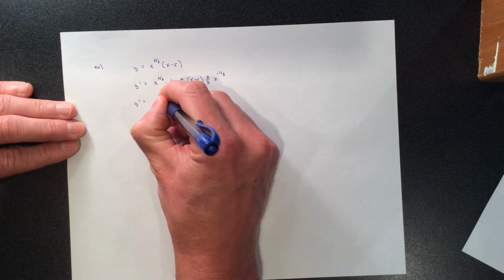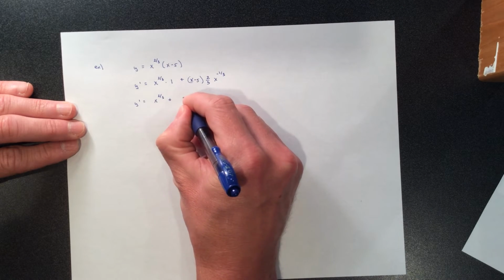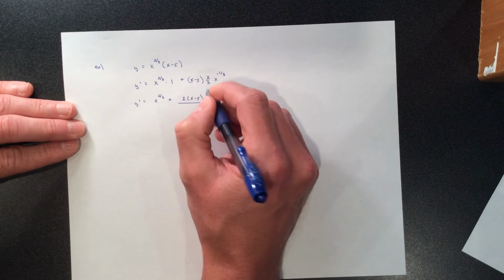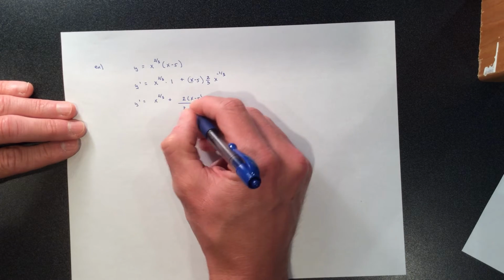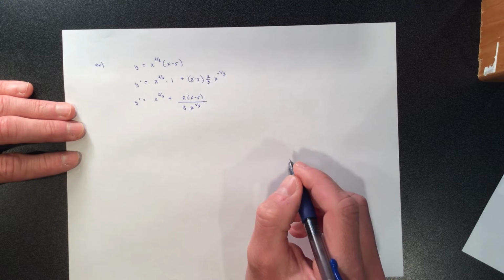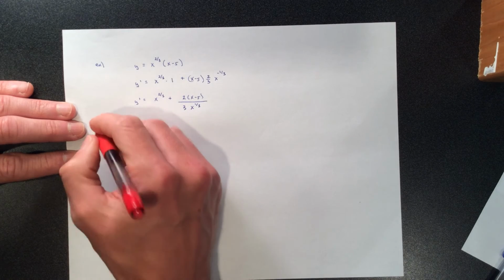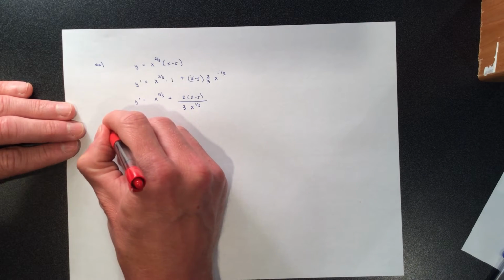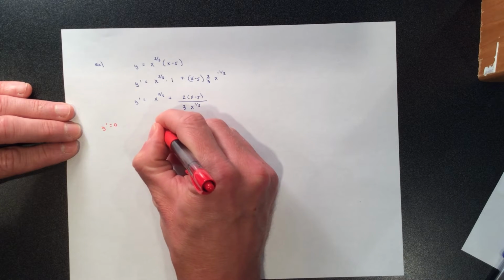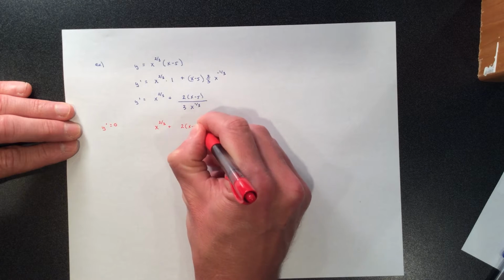This is x to the 2/3, plus 2 times x minus 5 in the numerator, with 3 times x to the 1/3 in the denominator. Remember, we're always looking for when y prime is equal to 0. So we're going to set this, x to the 2/3 plus 2 times x minus 5.